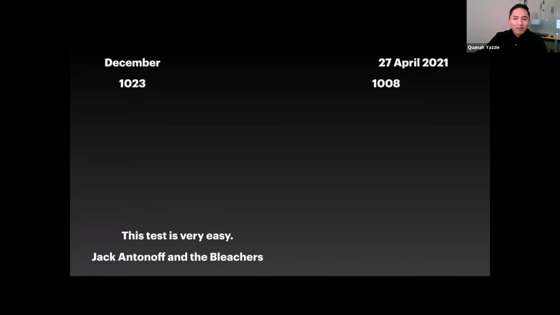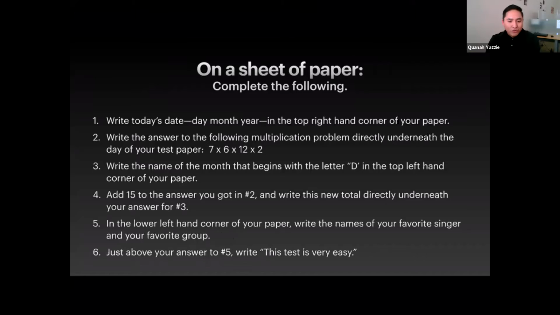One of the things I want you to look at specifically is that this is a practice of following directions. When you look back at the prompt, one of the main things I was trying to get you to accidentally mistake was the placement of certain things. Going back to number 2, I said to write the answer of the following directly under the day, but not necessarily the date.